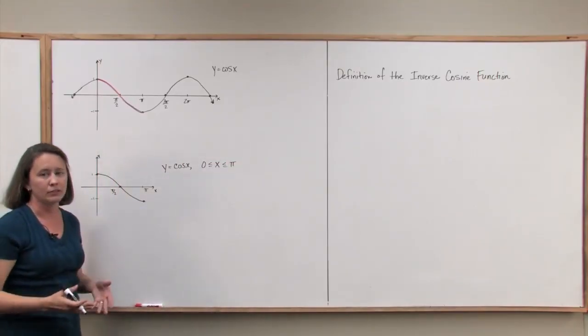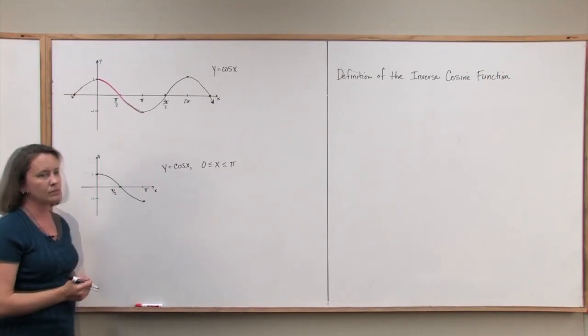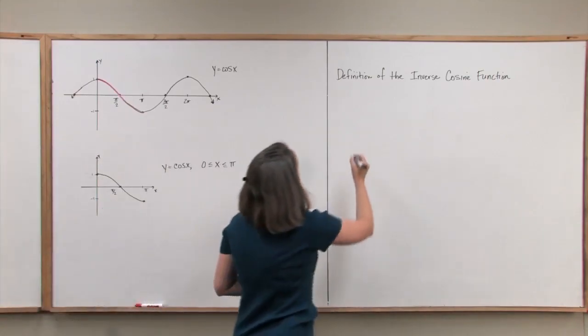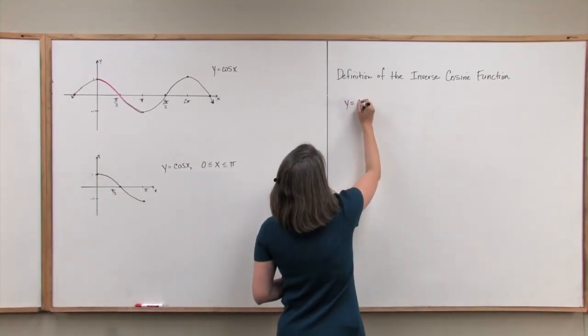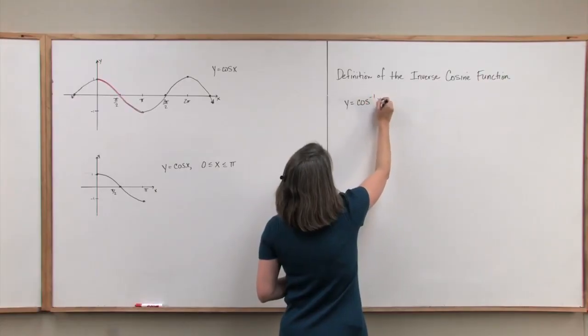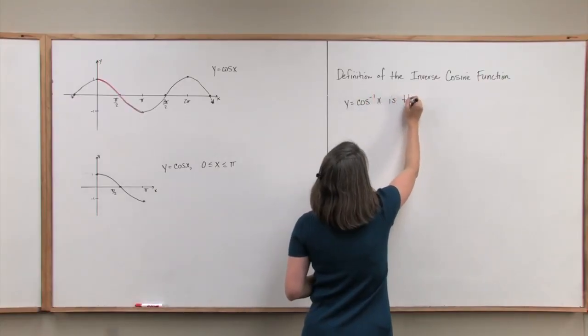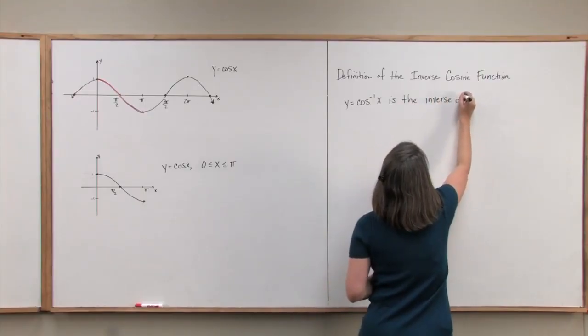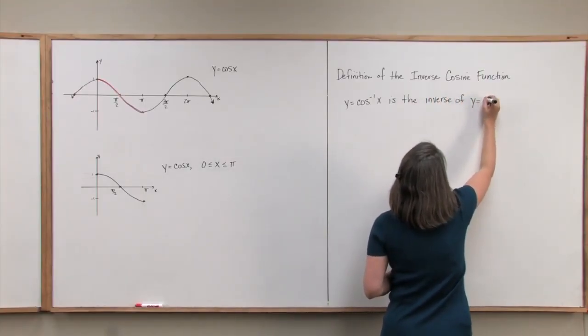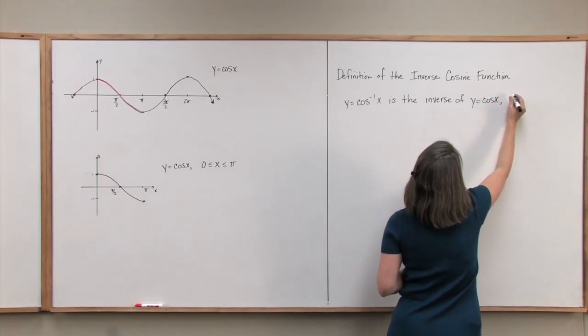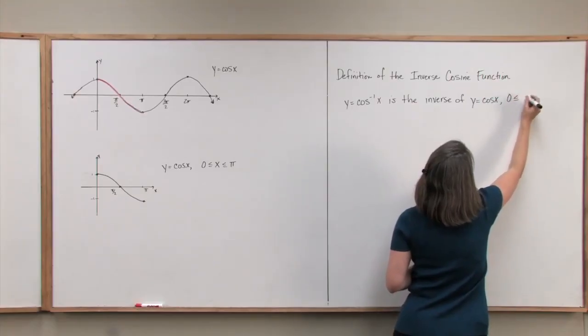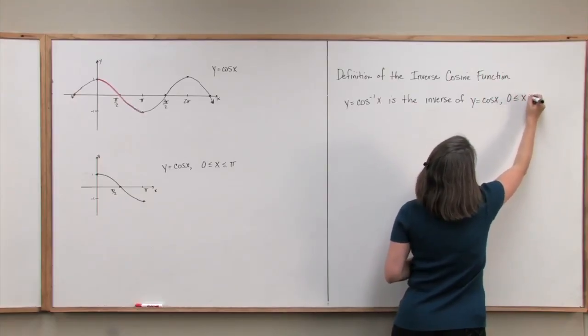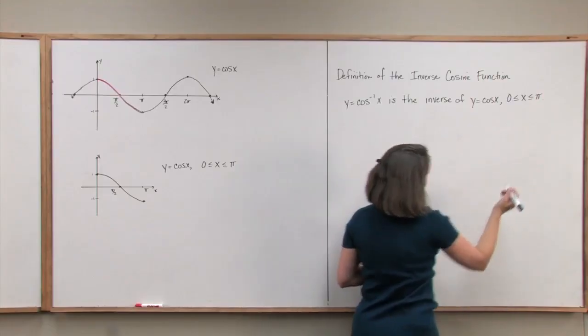We're ready to write the definition of the inverse cosine. So y equals the inverse cosine of x is the inverse of the function y equals cosine x on the interval from 0 to pi, closed interval.